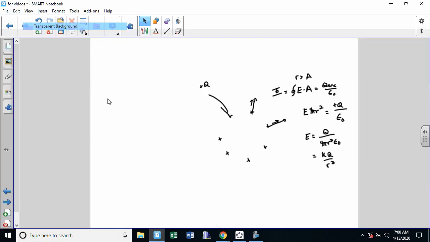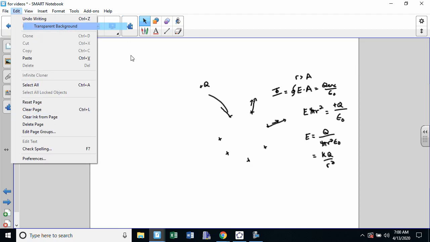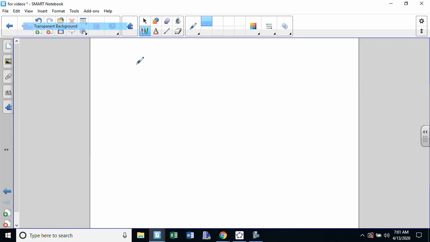Okay, so what I would do then, typically a lot of questions that they're going to ask are for you to graph the electric field. What does it look like as a function of r for this conducting sphere? Well, up until you get to the edge of the sphere, your electric field should be 0. I'm just going to darken the 0 line right there.